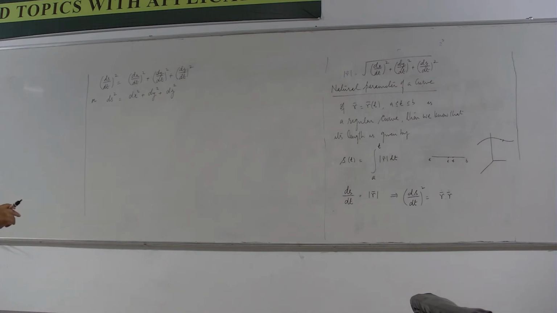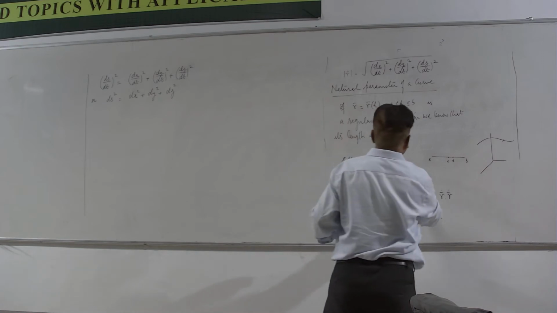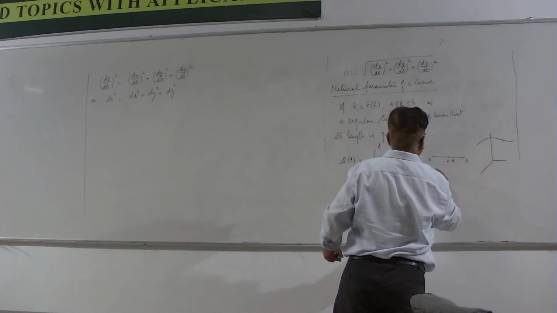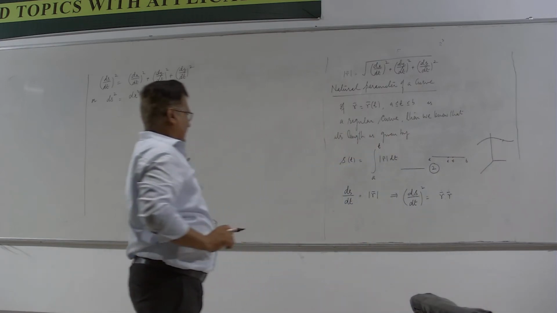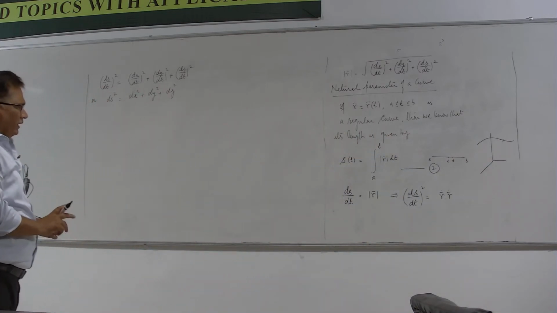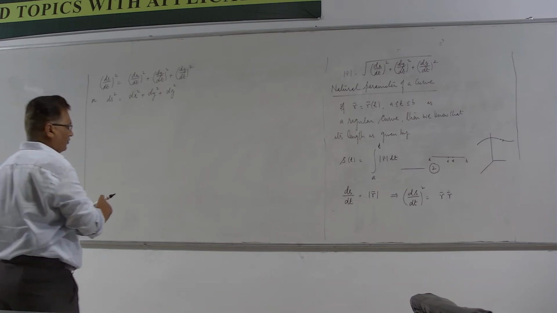All right. So, these are some important observations. Let me call this equation number 1, and this number 2. And now, what you see is that S is a differentiable, monotonically increasing function of t.